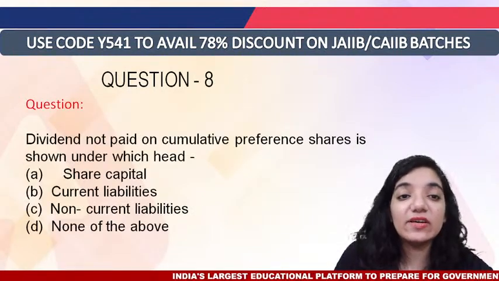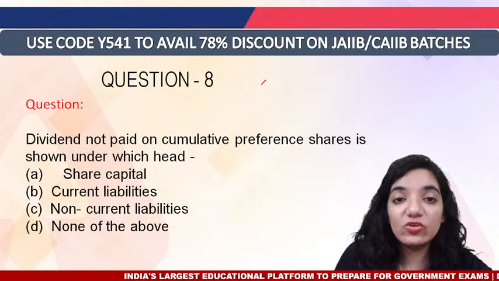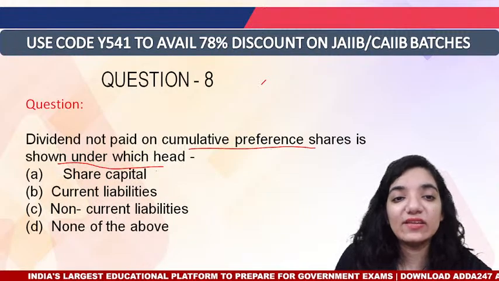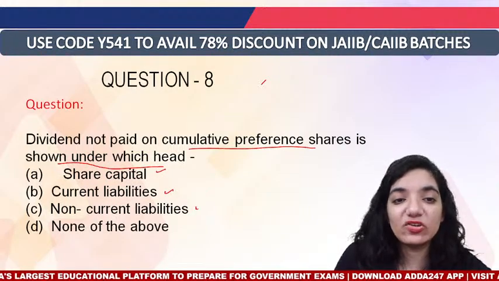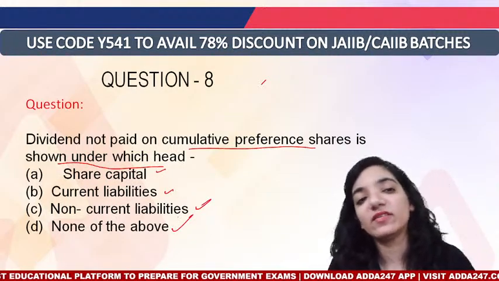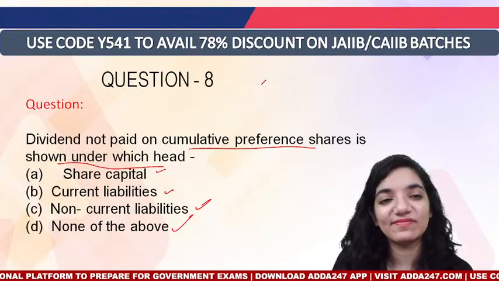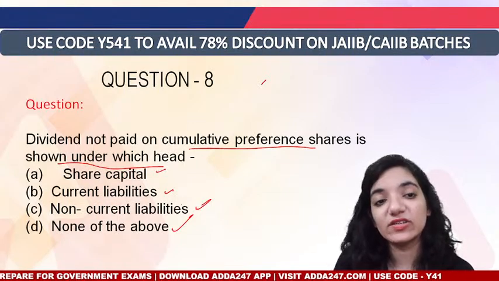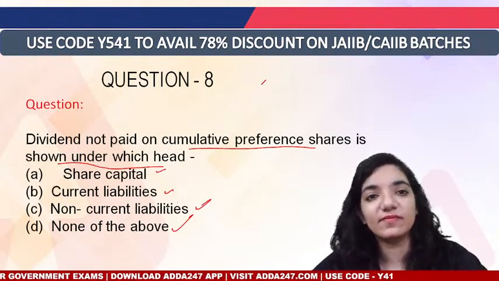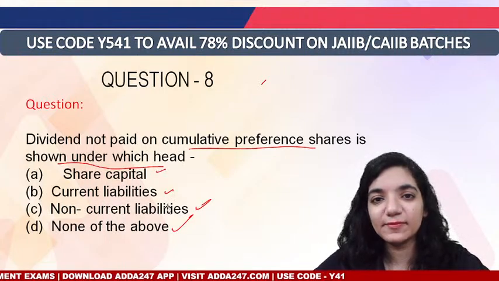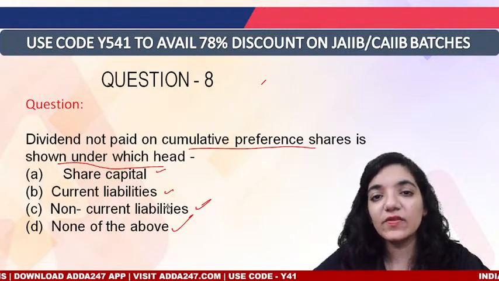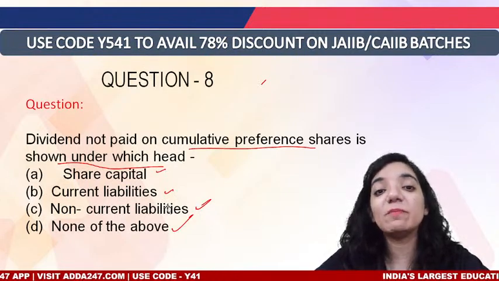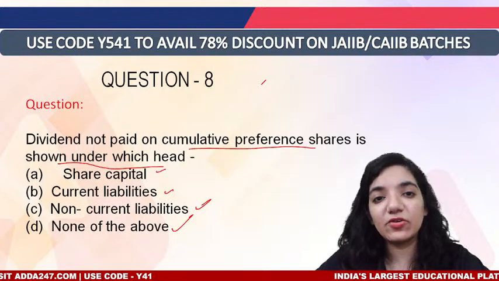Next question. Dividend not paid on the cumulative preference shares is shown under which head? Is it the share capital, the current liabilities, the non-current liabilities, or none of the above? The dividend which is not paid on cumulative shares is something that we'll be paying off later on, right?